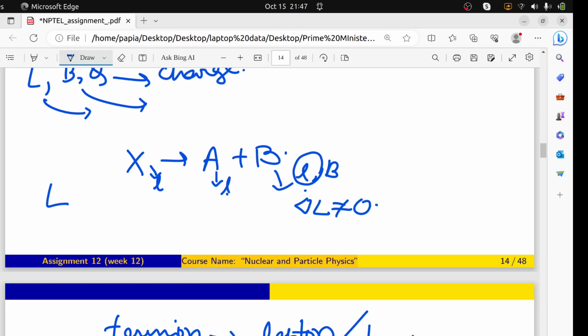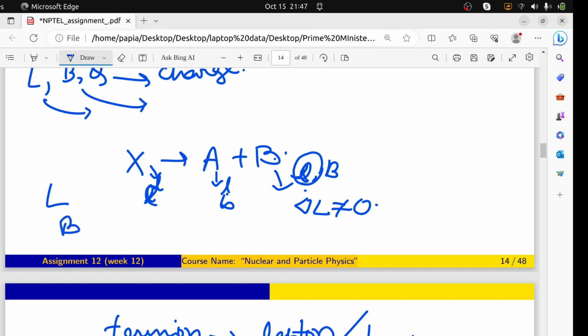That means delta L is not equal to 0. Now take the second assumption that X is a lepton, A is a lepton, and B is a baryon, not a lepton. For that case, you can see that the lepton number is conserved. There is one lepton here and also one lepton here. But the problem is in baryon number.